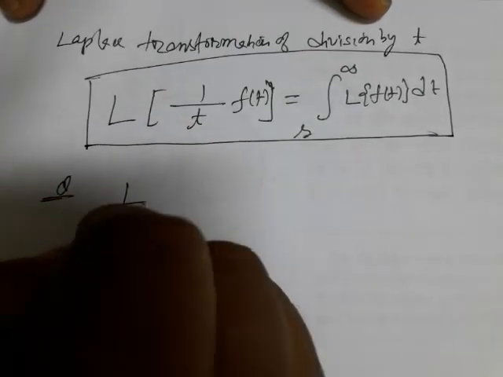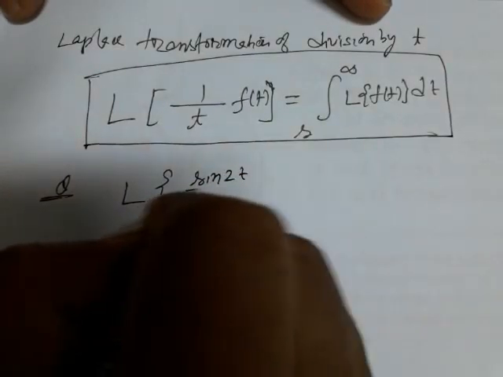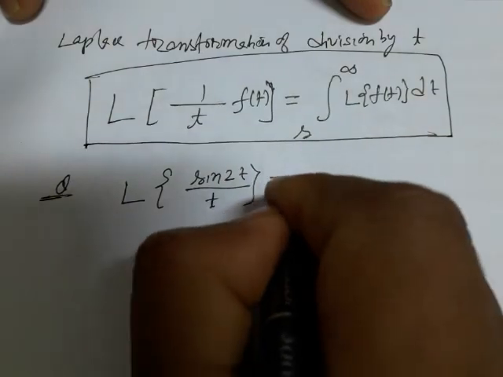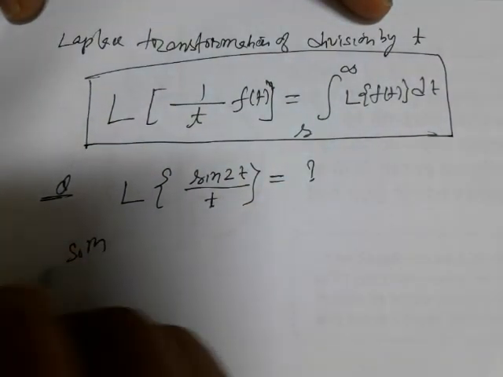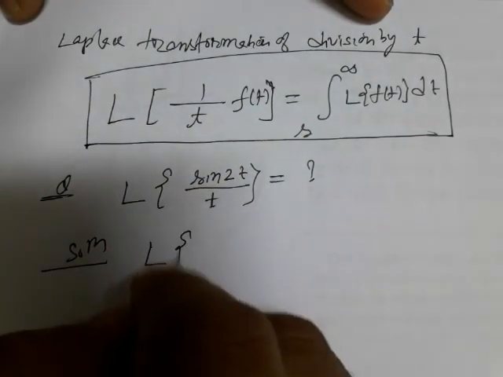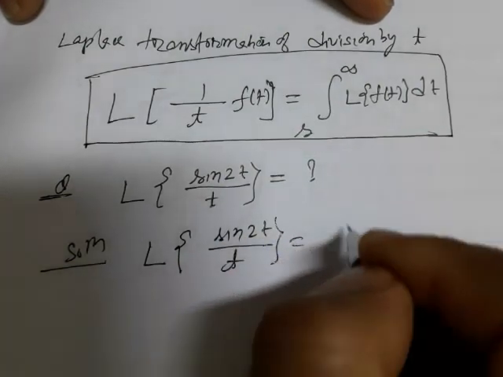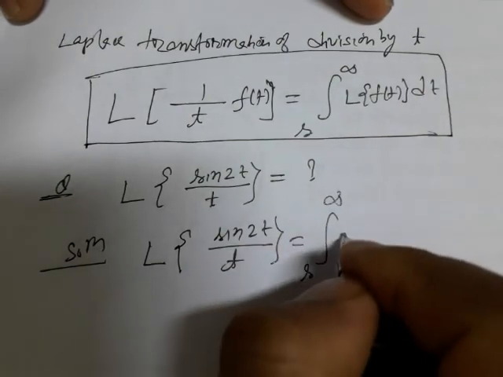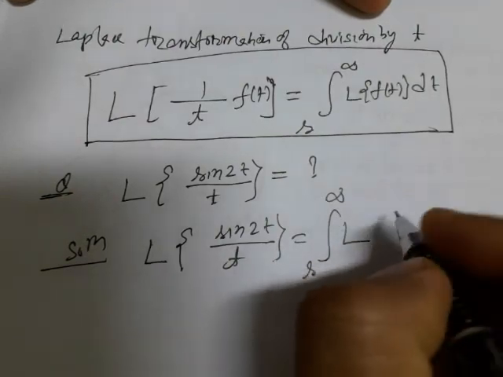Question: evaluate L of sine twice t by t. Okay, sine twice t by t. So what is the value of this? Okay, now solution. So using this formula, what we can write? L of sine twice t by t equal to integral from s to infinity of L of sine twice t.